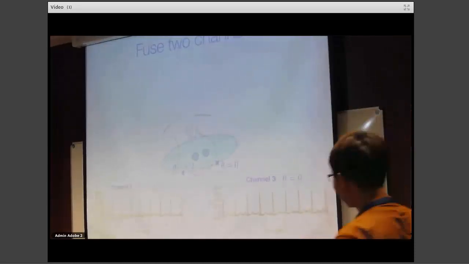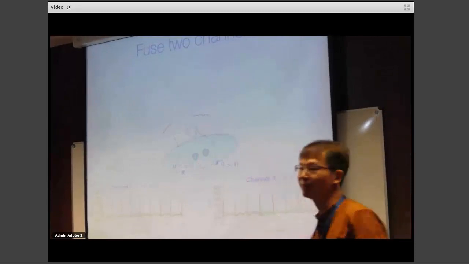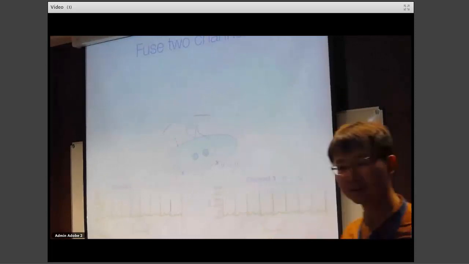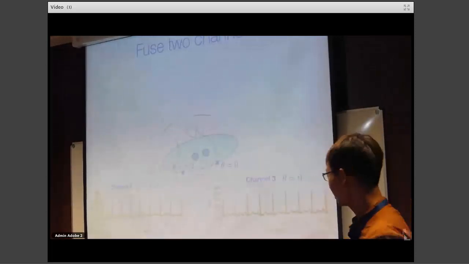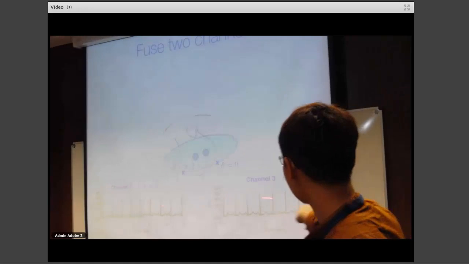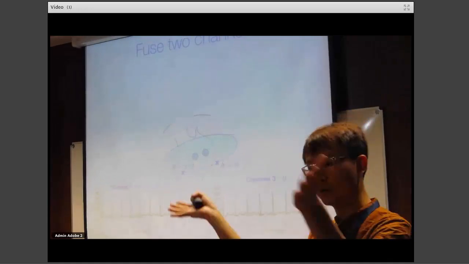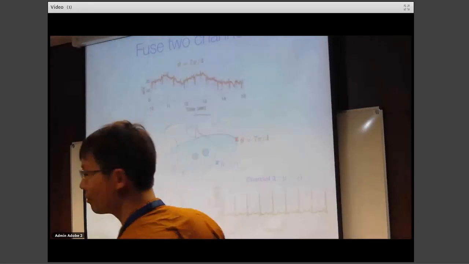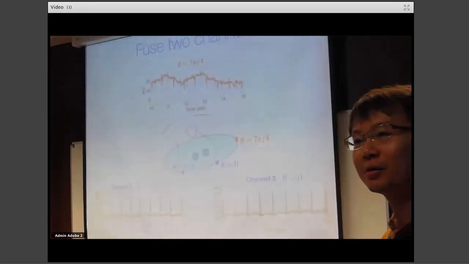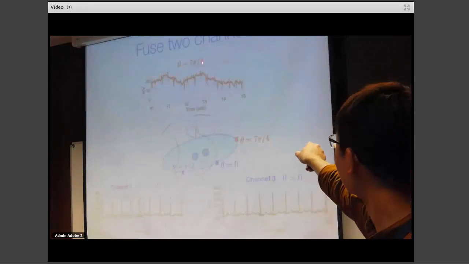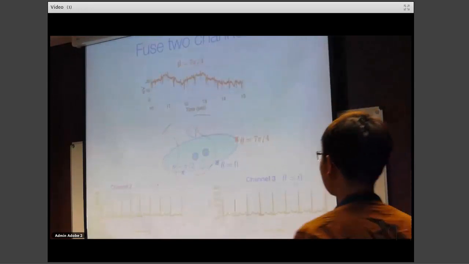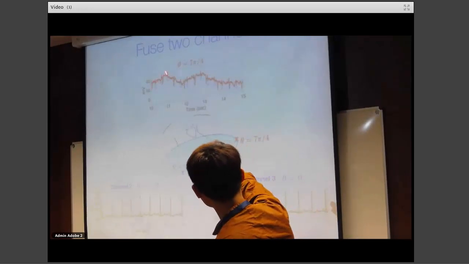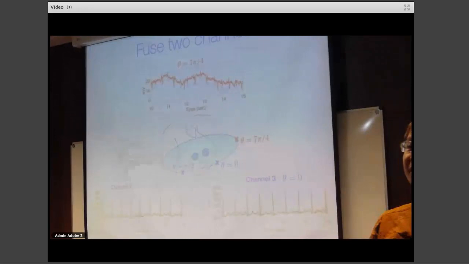So what we considered is, how about if we take the vector cardiogram or the dipole current model of the ECG into account and try to design something smart. So what you do is you have these two channels, and you view these two channels as projections in two different, independent directions. And now you do some linear combinations. And at some point, you will see something magic. That is, if you do this combination with 7 pi over 4, now you start to see, hey, there's the maternal ECG, and there are some small spikes, and they turn out to be the fetal ECG.